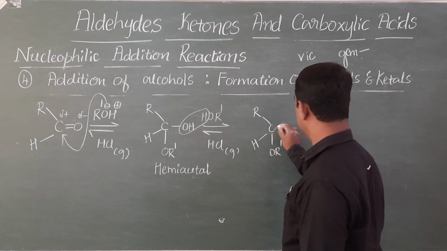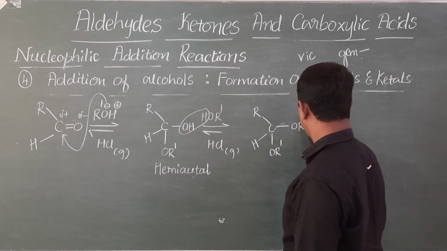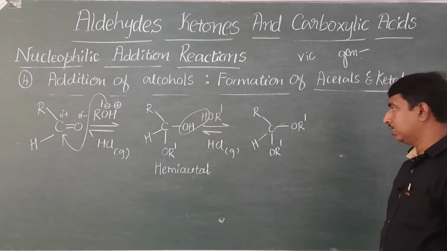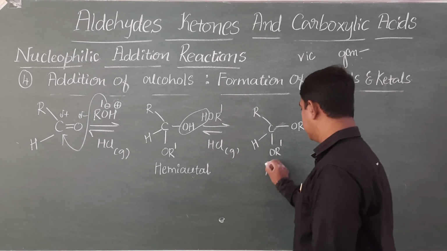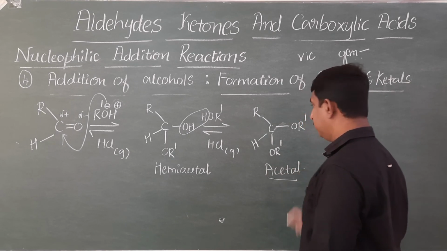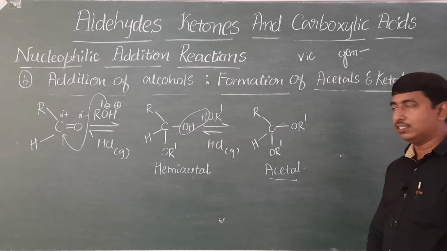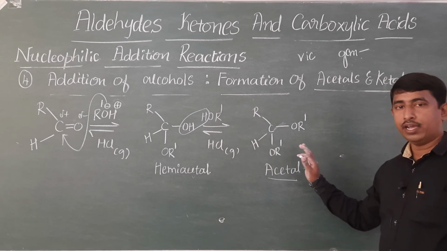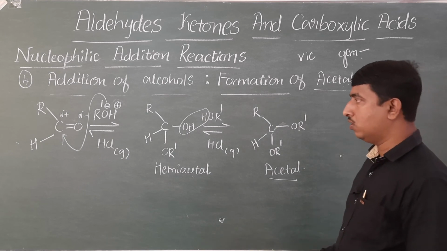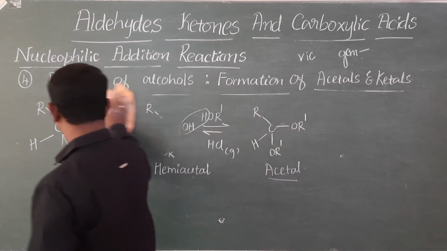Again, it is OR dash. This is dialkoxy compound, geminal dialkoxy compound called as acetal. Name of this compound, it is what? It is acetal. So this is about reaction of aldehydes with alcohols, monohydric alcohols in the presence of HCl.